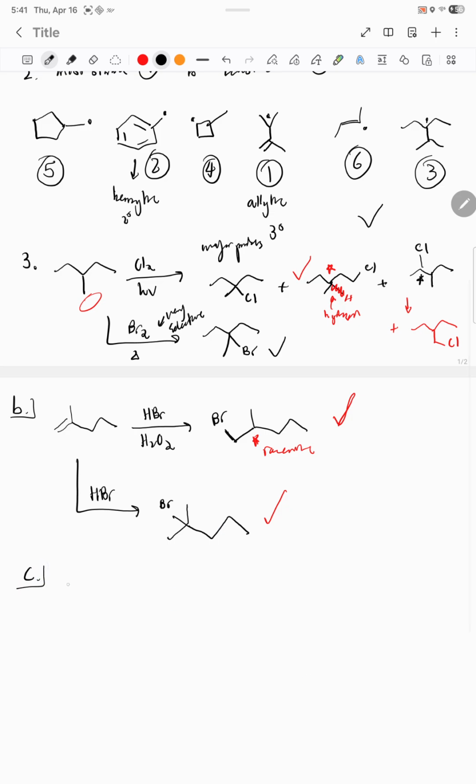Under C, say we got the cyclohexane. We reacted it under NBS and heat. What would happen? Looks like under NBS and heat we get allylic.